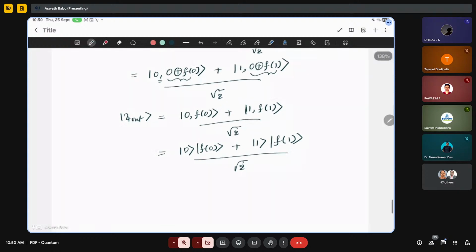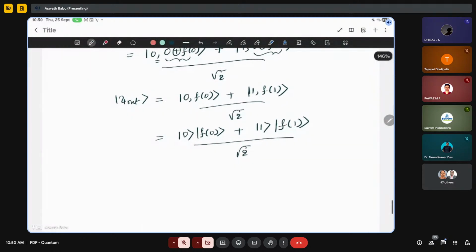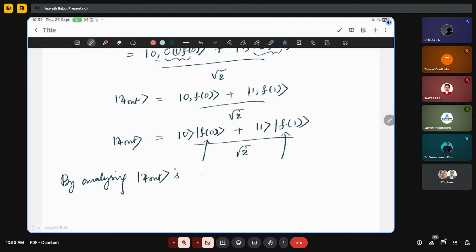Now, looking at the output state, I see the information of f of 0 and f of 1 in it. So by analyzing psi out, the second register, the quantum register; the first register is this one and the second register is this one.